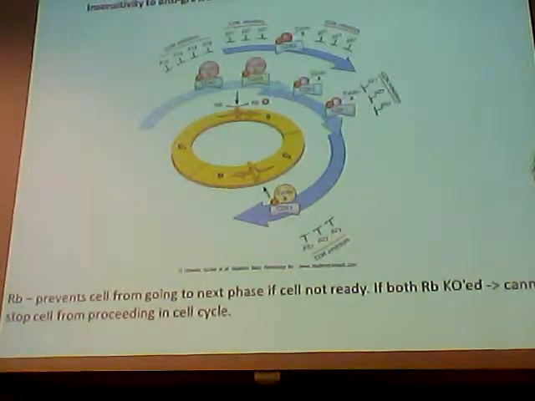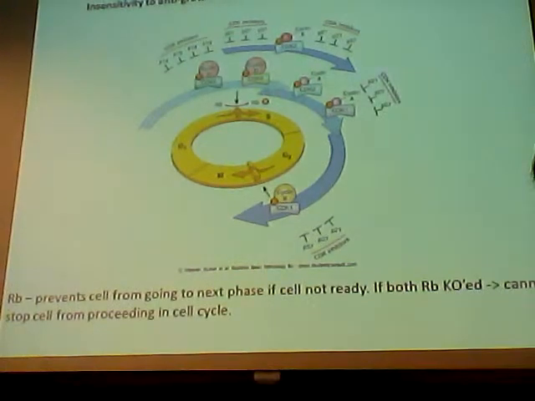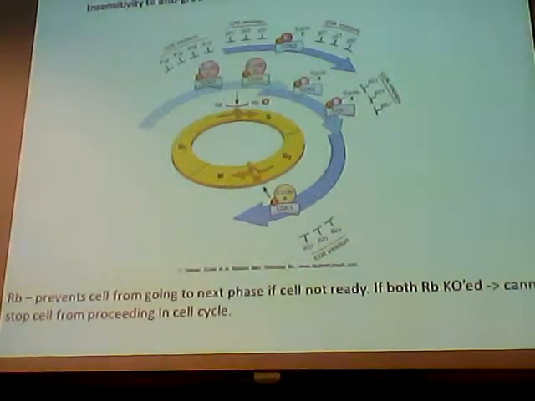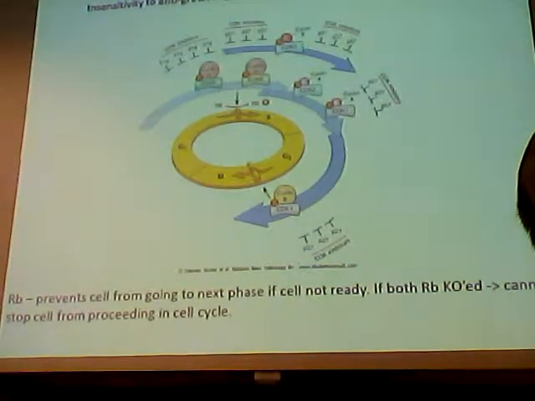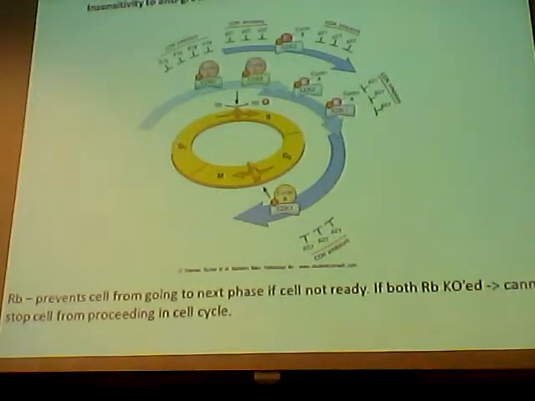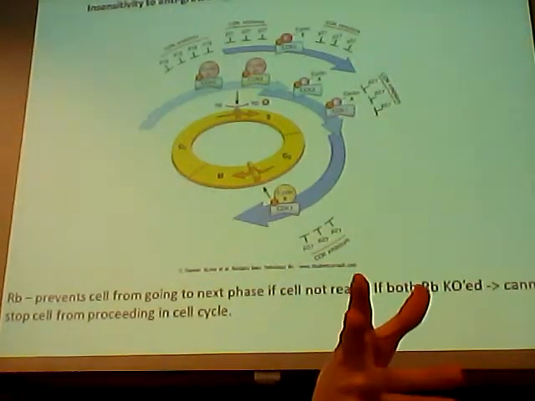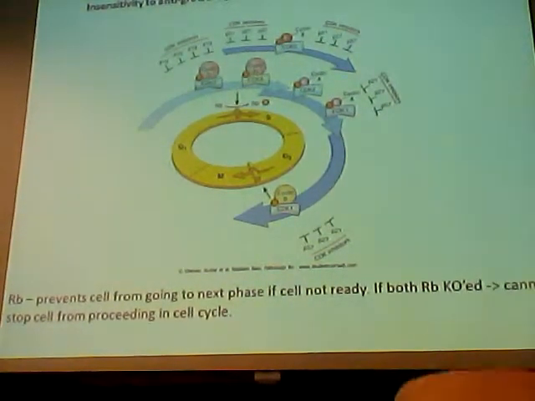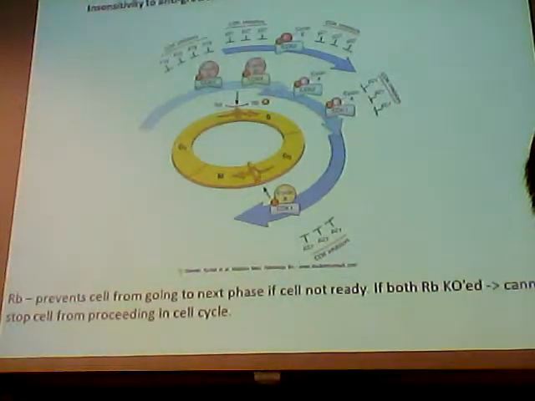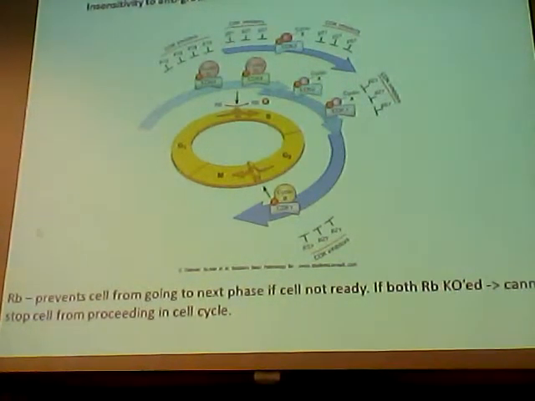Insensitivity to anti-growth signals, so retinoblastoma. Retinoblastoma is one of your tumor suppressor genes. It's a part of the checkpoint. It prevents the cell from growing if you're not ready to grow, but if you knock it out, then the cell can grow. So insensitivity to anti-growth signals, retinoblastoma.